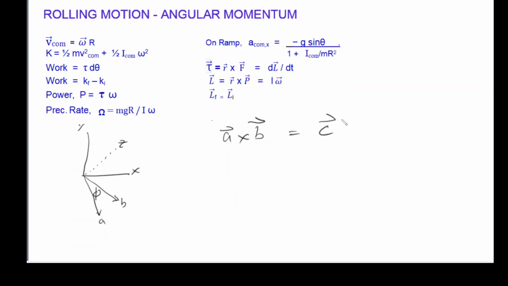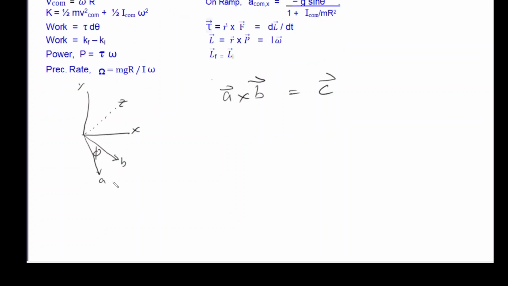You sweep your fingers from A to B through the smaller angle between them, and the thumb gives you the direction of C. So in this case, if we're sweeping from A to B, our thumb will point up. So our vector C will be perpendicular to the xz plane in the y direction. Another way of deriving the cross product, A cross B, is equal to AB times the sine of the angle between them.